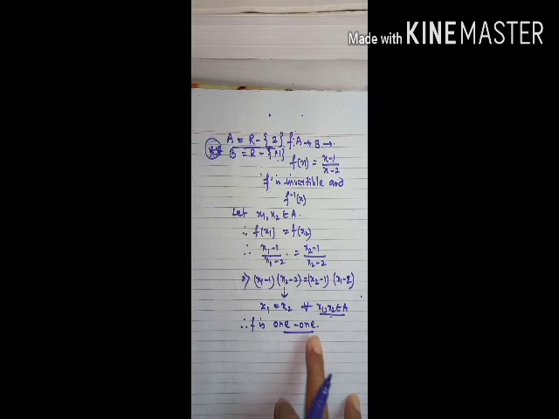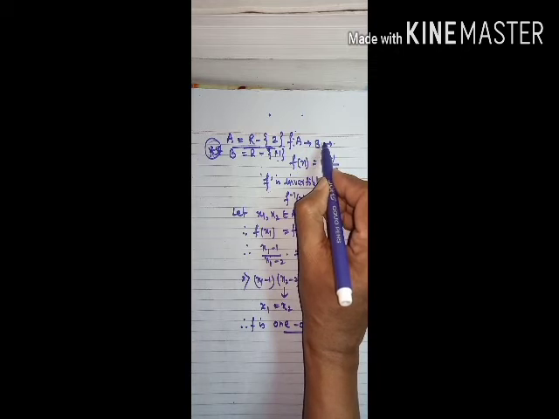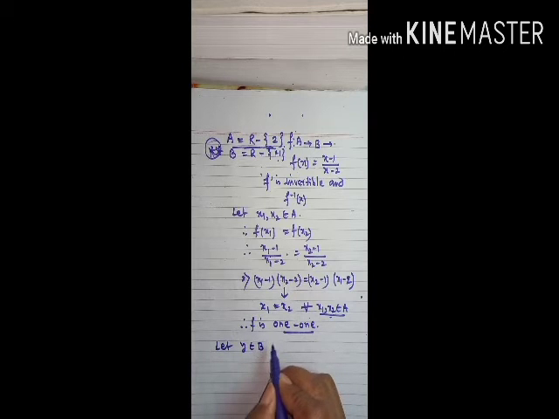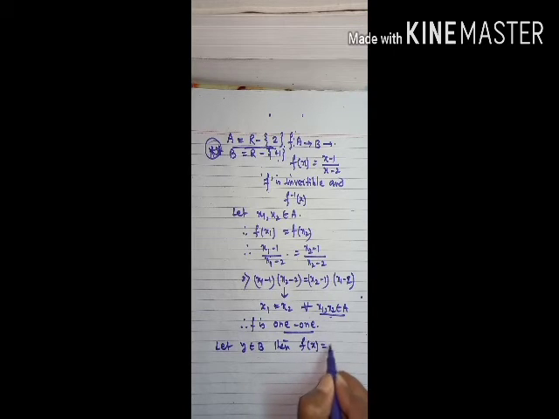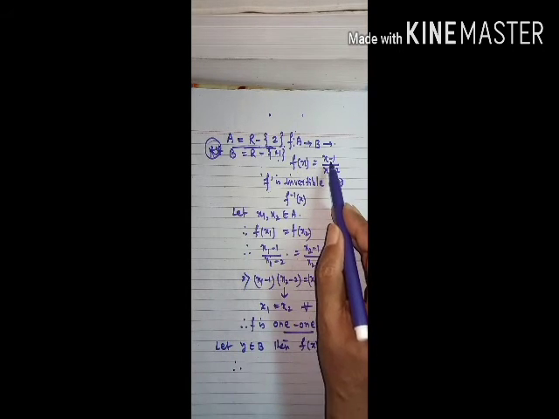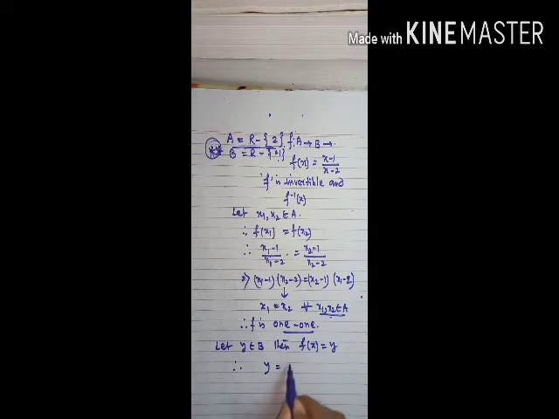Again, let y belong to B, another element. B is the second set. So let y belong to B. Then we can say f of x equal to y. So y equal to f of x, and we know the value of f of x, so just put the value here. So y equal to (x minus 1) by (x minus 2). So cross multiply it.